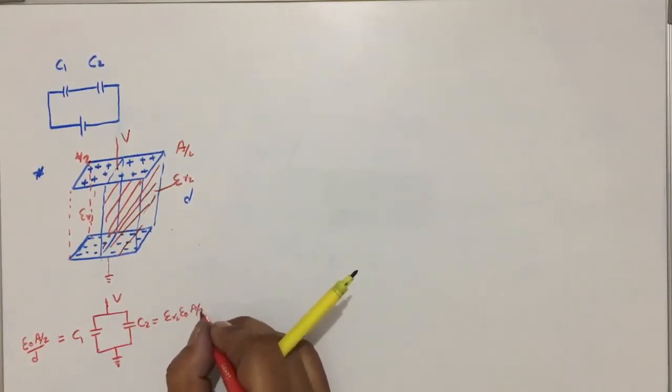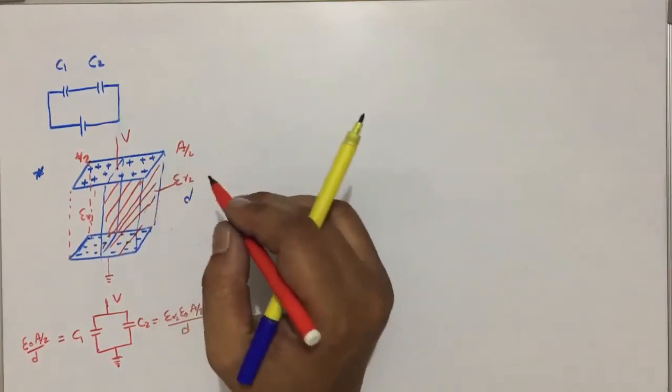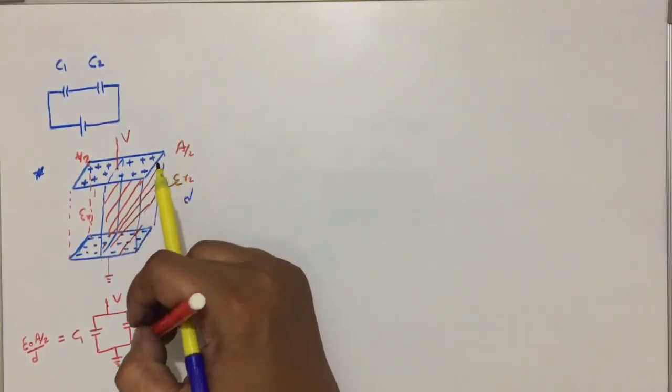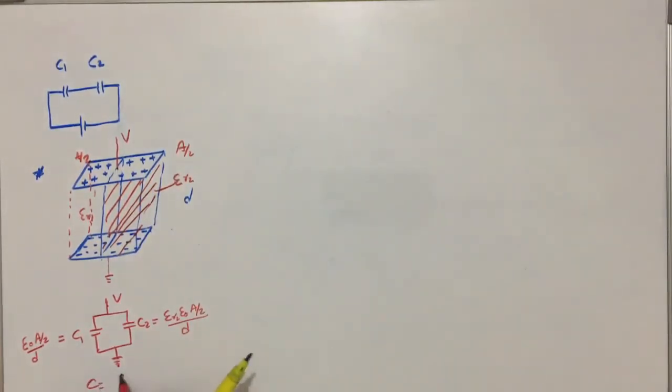Area is A by 2, D, because D is same. So in this case we can find the capacitance by connecting these two in parallel. So effective capacitance will be C1 plus C2.